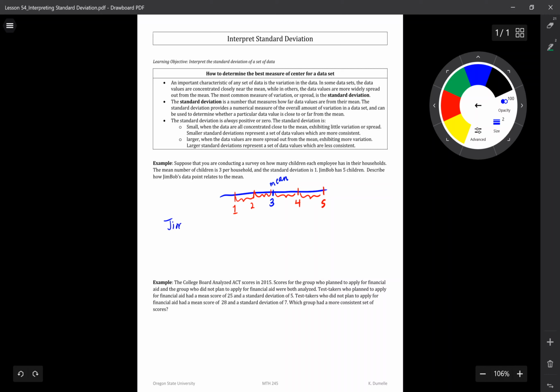So Jim Bob's number of children is 2 standard deviations above the mean.